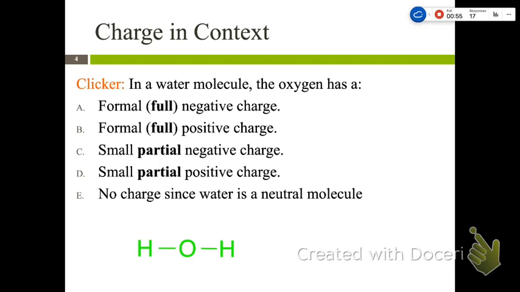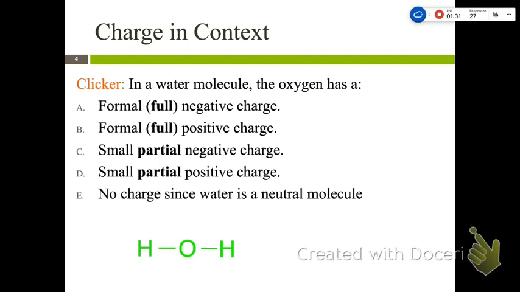Looking at a water molecule, have one drawn here. All right, 26 responses.